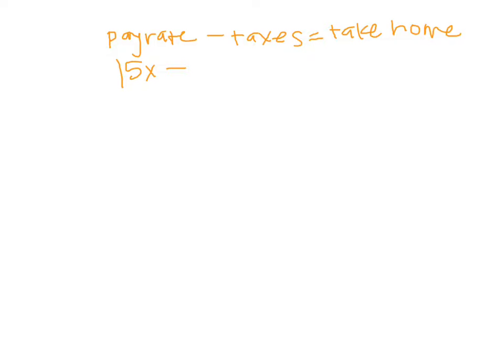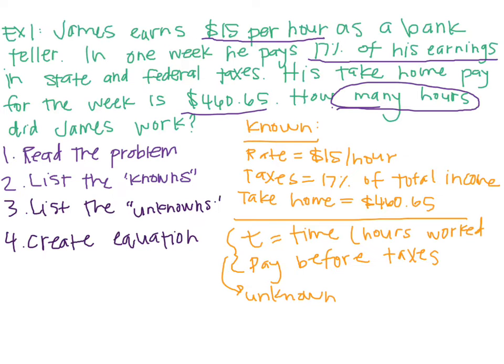17% in taxes, which I know that to create a decimal, I have to move the decimal over 2 places to the left, or I could do 17 divided by 100, which will also give me 0.17. 17% of the taxes, those taxes were on how much money I made. If you go back and look right here, we made a note that it's 17% of the earnings.